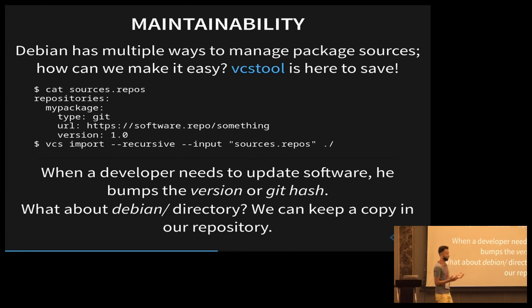The problem was, what about the Debian directory? Because we can choose from two options: follow, for example, the Salsa Debian Git repository from Debian directly, or we can just follow the upstream project. So far, I'm using the second approach, following the upstream project.